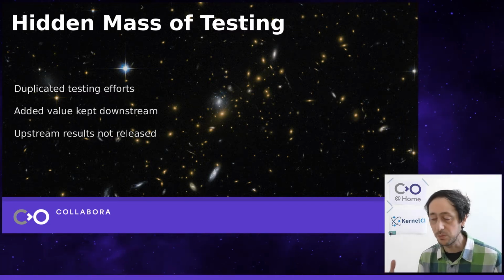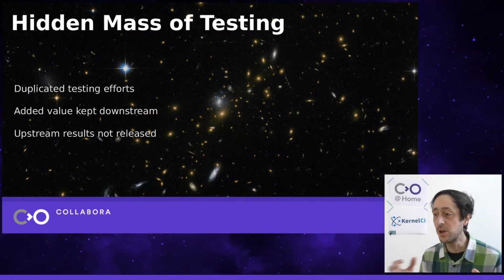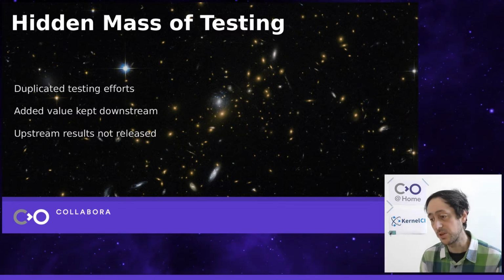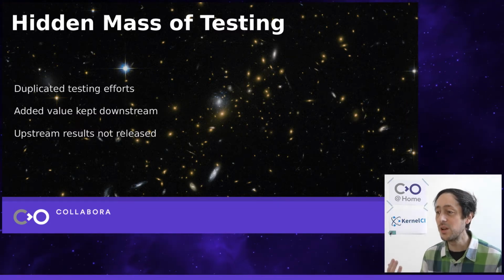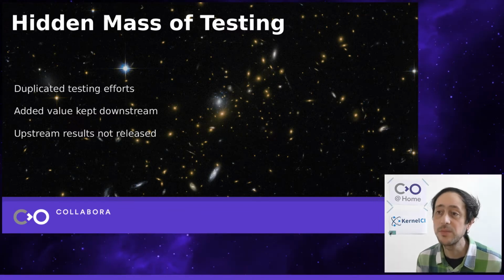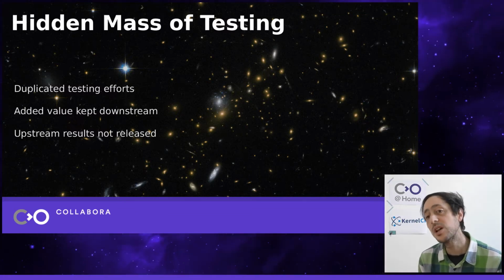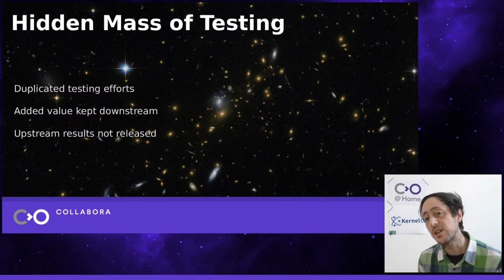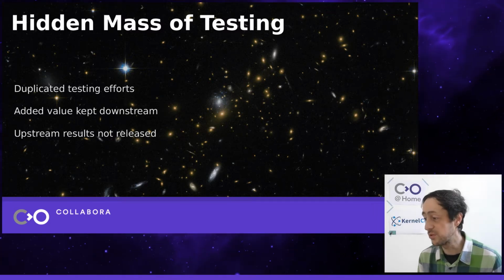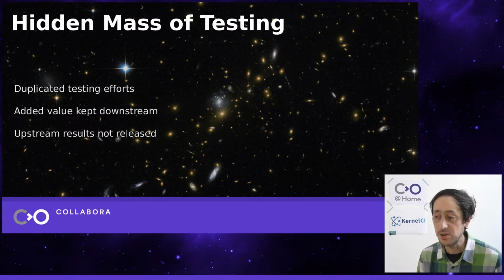Everybody has to duplicate these testing efforts, because we don't really know from the basic version that's being taken and integrated into a system what the quality is like, so everybody has to redo that to assess the quality within their own systems. This is kept downstream, and because upstream results are not published, there's no real incentive for people to publish their results either.